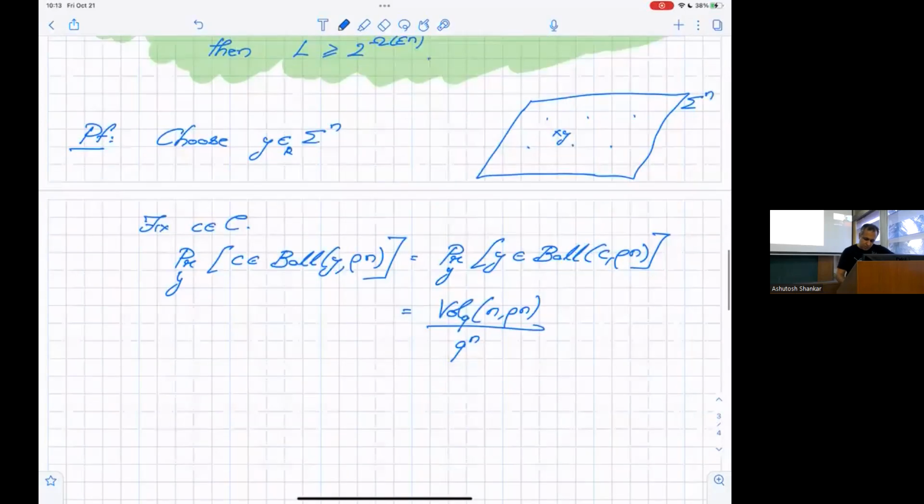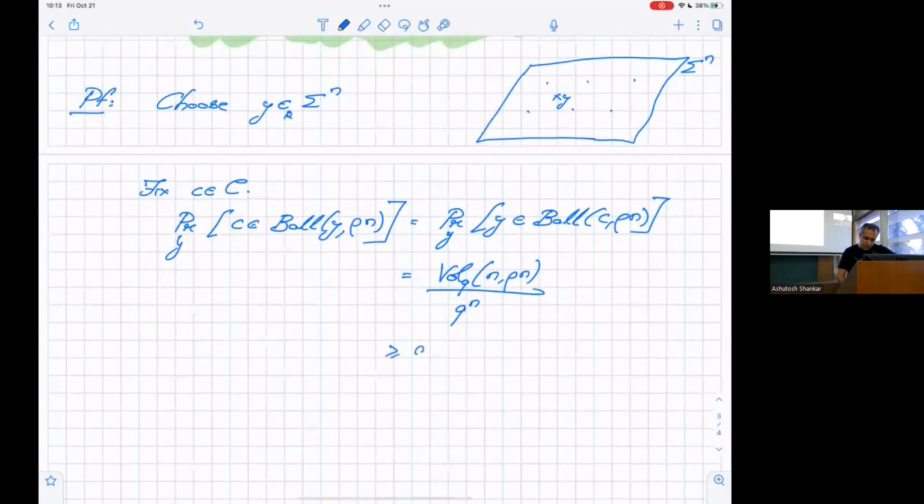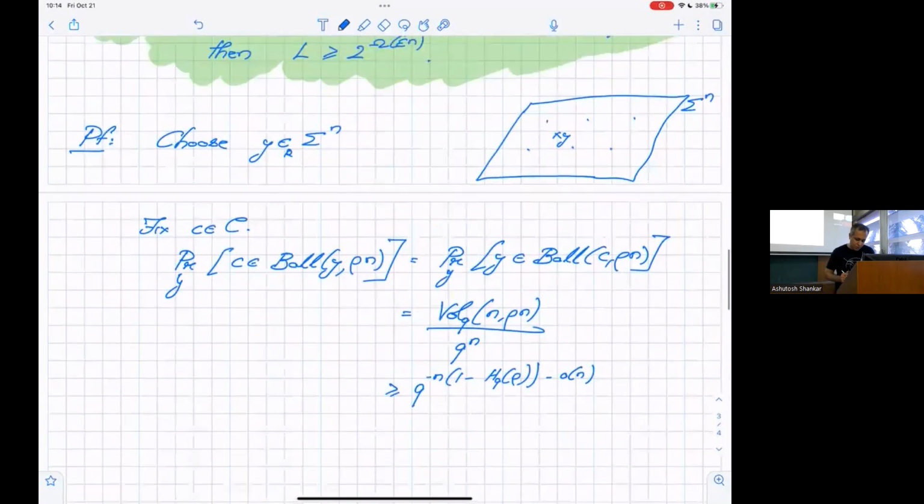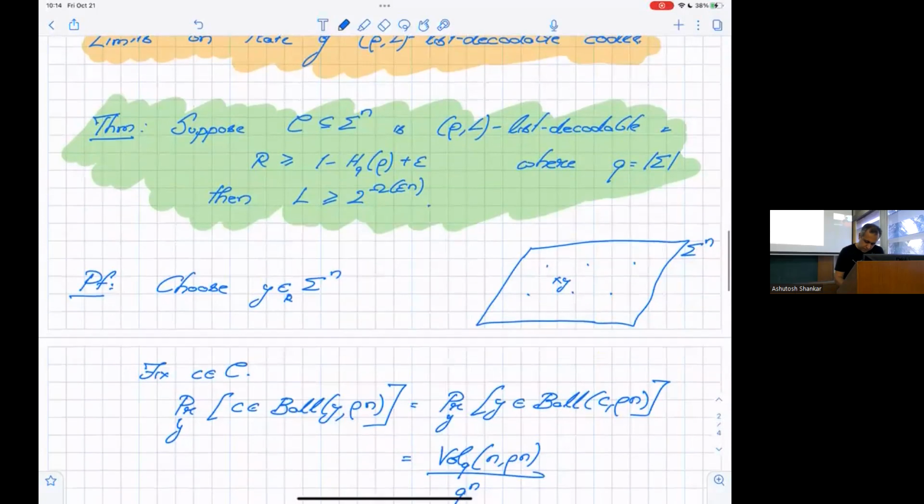This we know is greater than or equal to q power minus n times (1 minus H_q(rho) minus a little). This is by our bounds, but this result is true only if rho is less than or equal to 1 minus 1 over q. But we needed this bound.